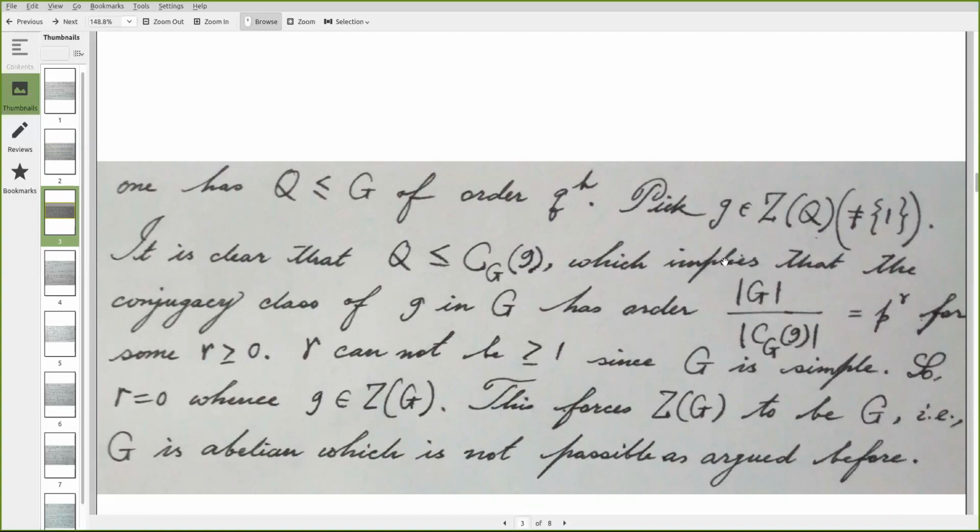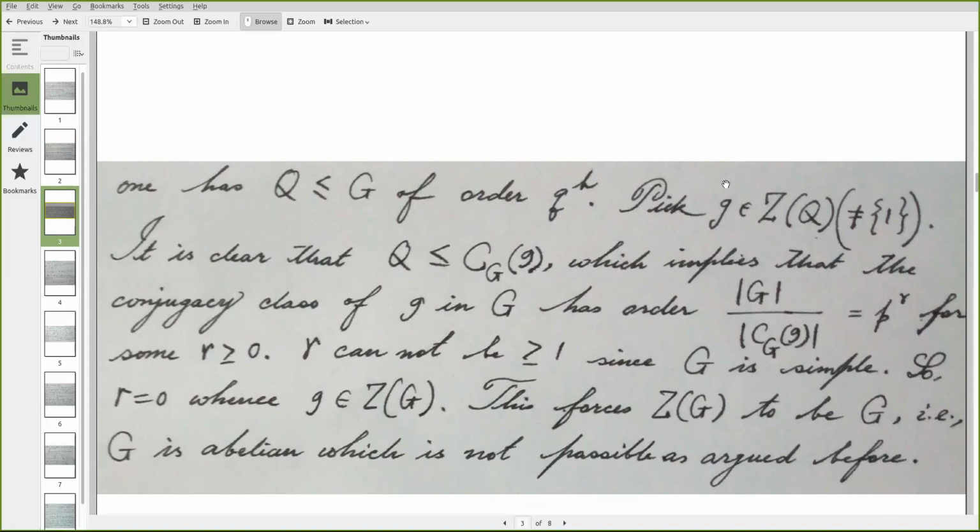R cannot be at least 1, because then from the other theorem of Burnside we get G cannot be simple, which is a contradiction to our assumption. So R is 0, which means the centralizer of g is the whole group G. That means every element of capital G commutes with small g, so small g is in the center.